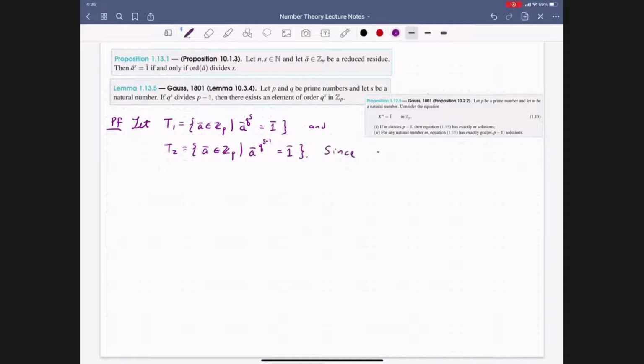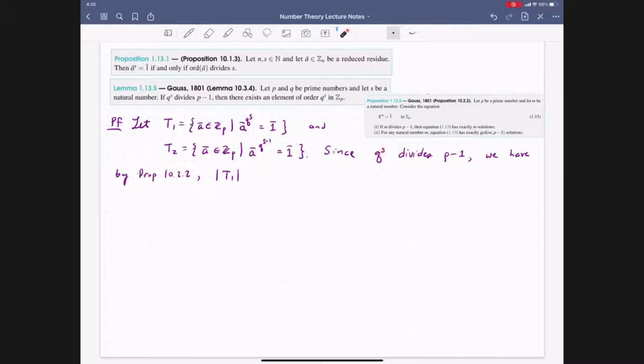So we have, by the proposition from last time, proposition 10.2.2 in the book, that the cardinality of T1, that is, the number of elements that satisfy this equation, is exactly going to be q to the s, where now we take m to be q to the s.